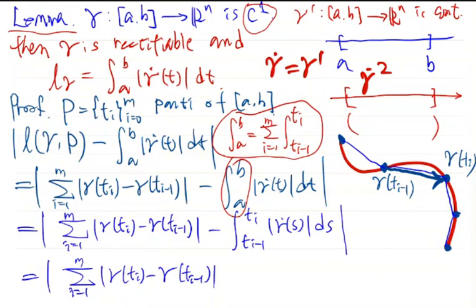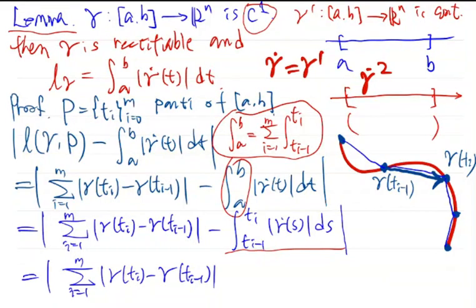So go back to our estimate. In this integral, we can apply the mean value property of the integral. Because gamma prime is continuous, the norm of gamma prime(s) is also continuous in s.